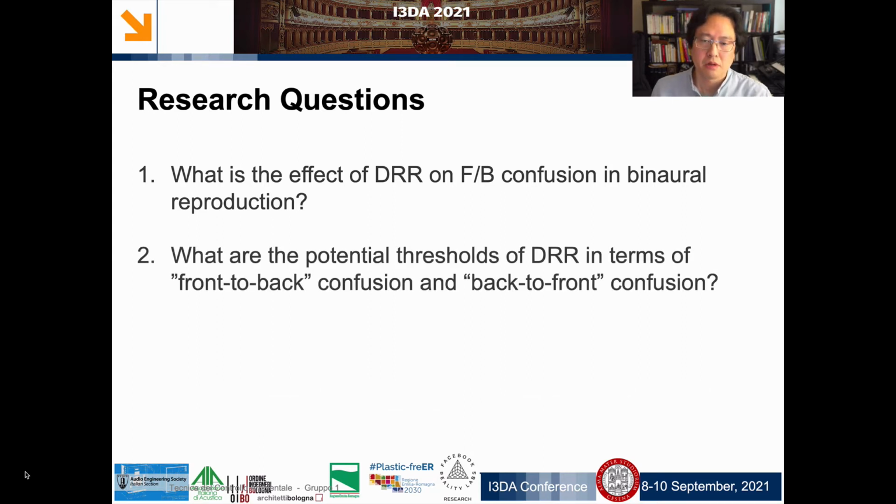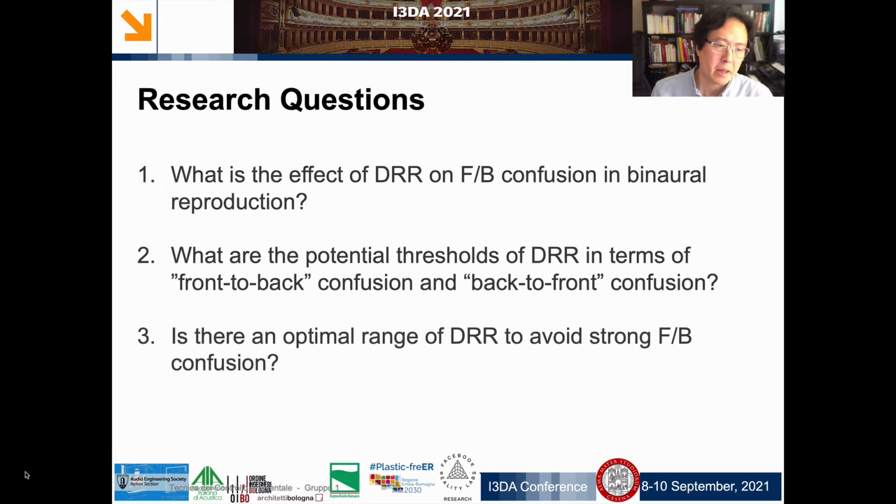What are the potential thresholds of DRRs in terms of front-to-back confusion and back-to-front confusion? And is there an optimal range of DRR to avoid strong front-back confusion, which we can exploit in practical binaural recording and mixing?